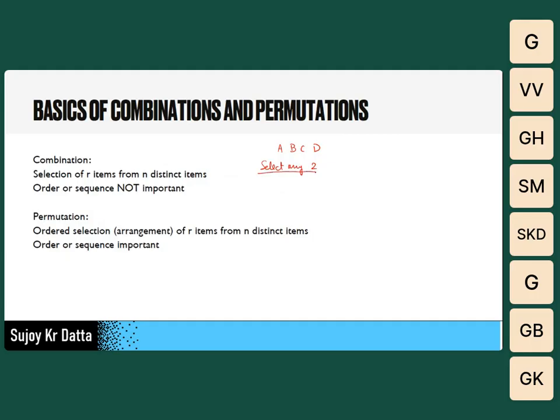When I say select any two, obviously the order in which you select is not important. So if you manually count, you are going to get these cases. Okay, so total 6 cases are there.